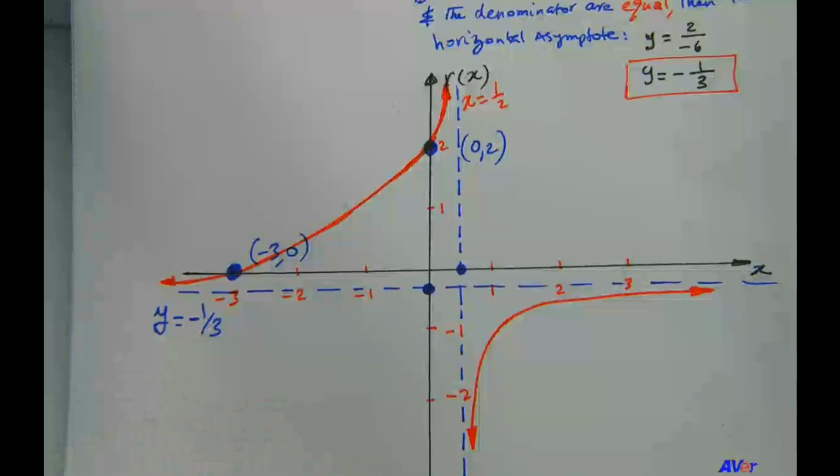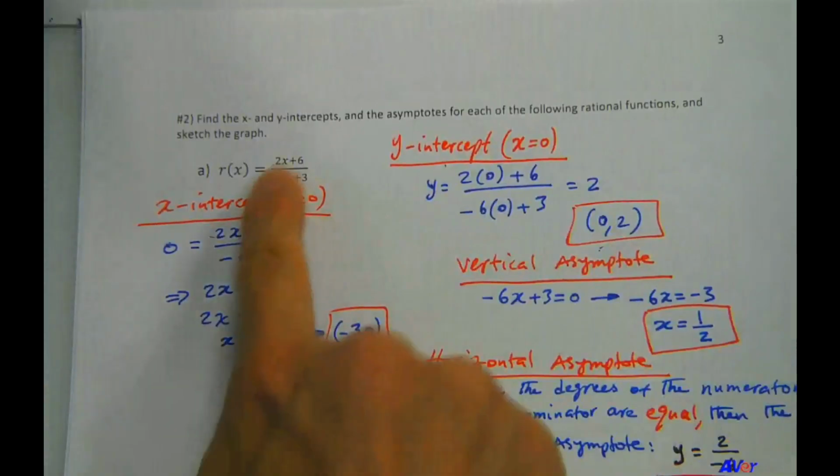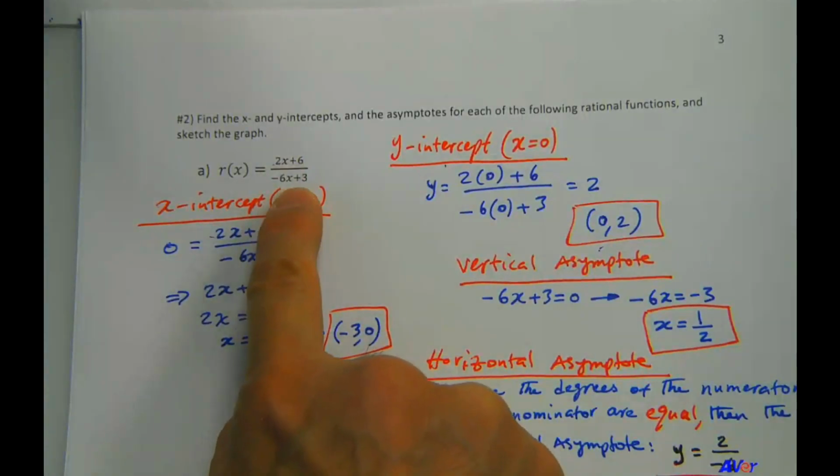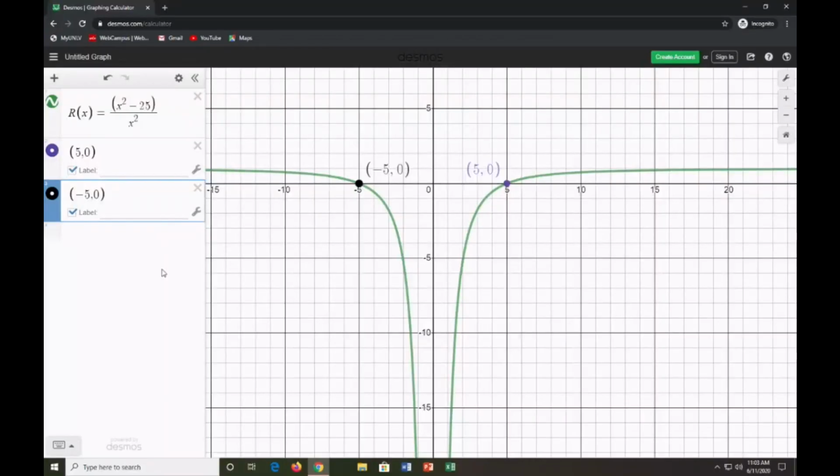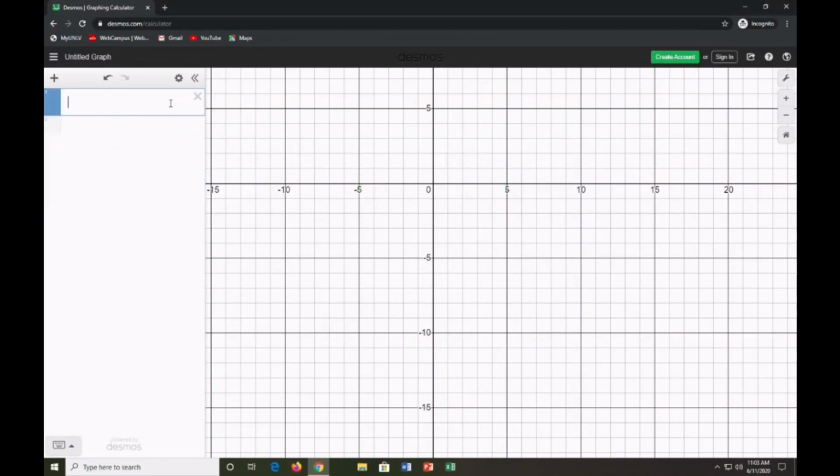Okay, so let's graph this function, 2x plus 6 over minus 6x plus 3, on the computer for a better graph. We're going to plot the asymptotes as well as the intercepts too. It'll help us get a better feel for this type of function and their graphs.